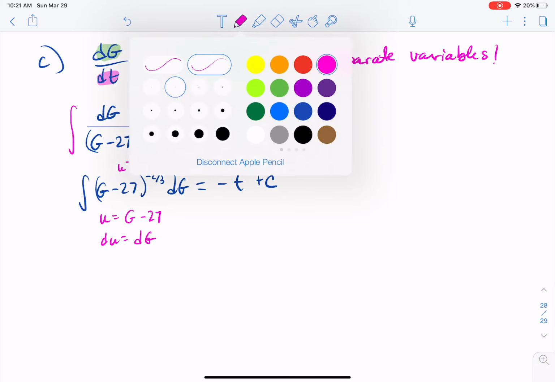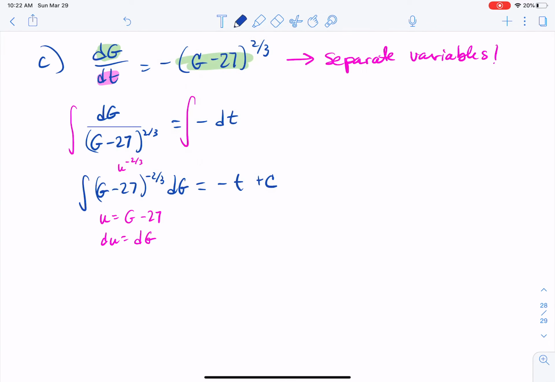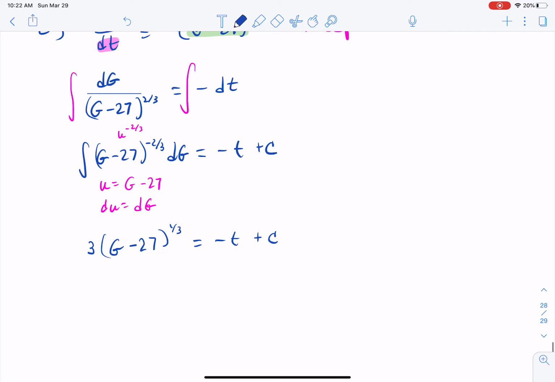So taking its antiderivative using the power rule, add 1 to that exponent, it's to the 1/3 power: (g minus 27) to the 1/3 power divided by 1/3, which is the same as times 3, is equal to negative t plus c. All right, so now I've successfully found all of my antiderivatives.